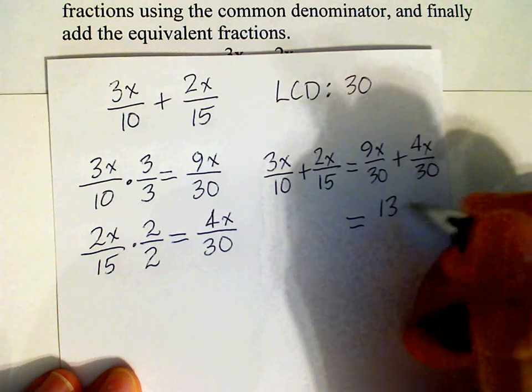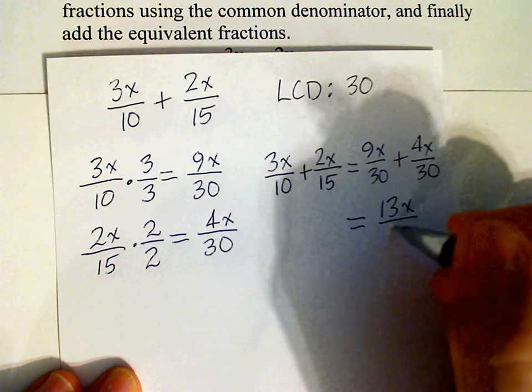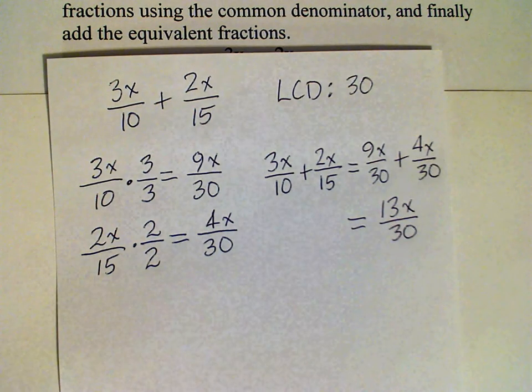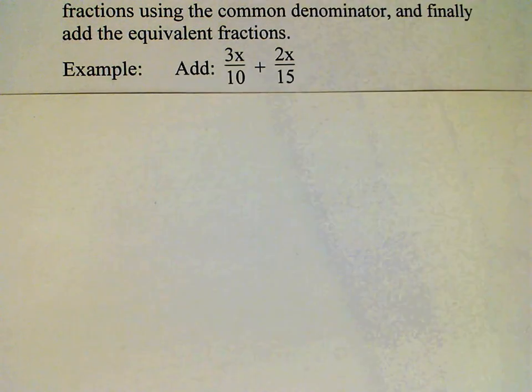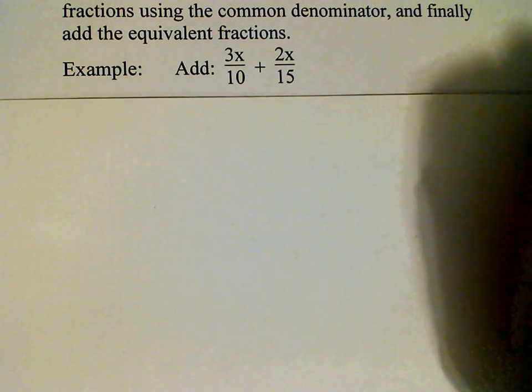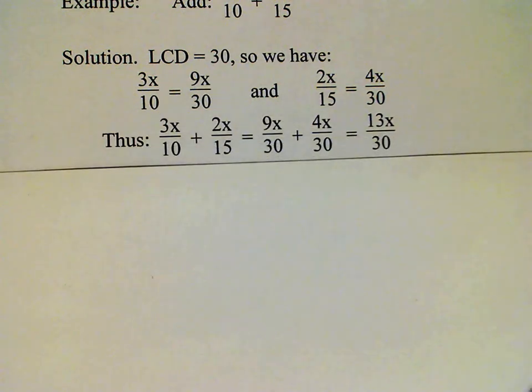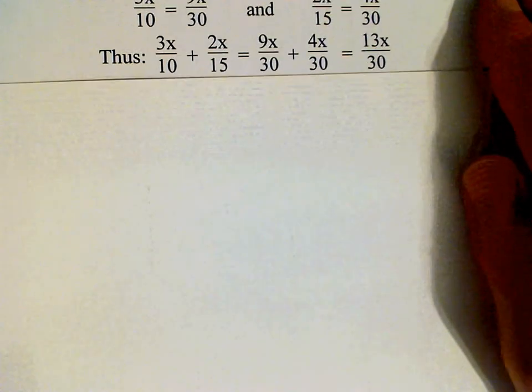Now I do have a common denominator, so I can just add those numerators and get my answer: 13x over 30. Okay, and it is sketched out here in the notes. I went into a little more detail just now.